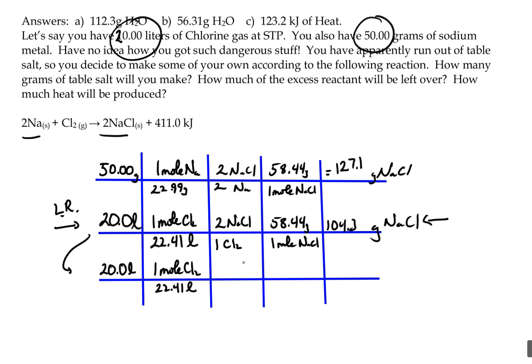In this case, for every 1 mole of Cl2, I'll get 411.0 kilojoules of energy. And we don't need this extra box, but the answer ends up being 733.6 kilojoules.